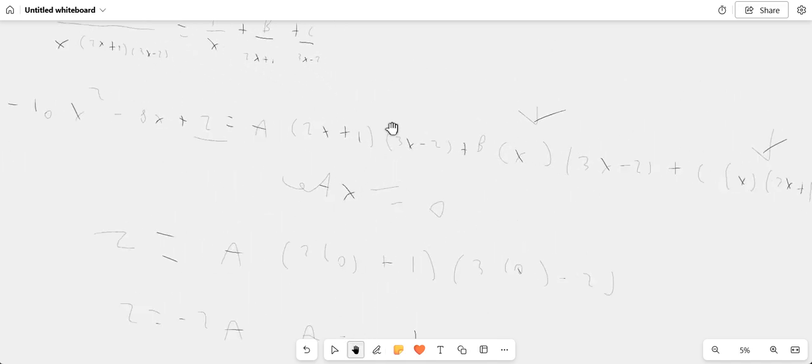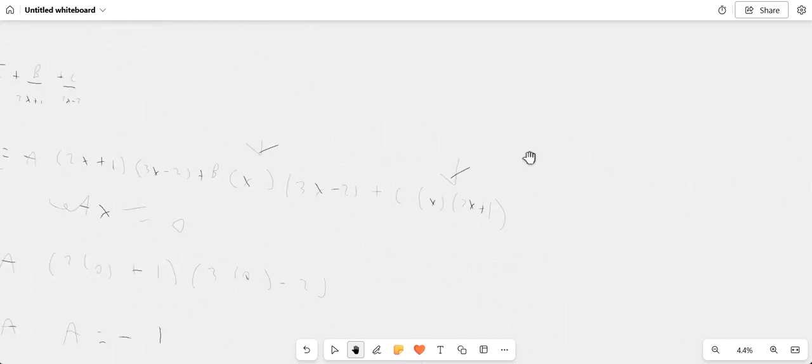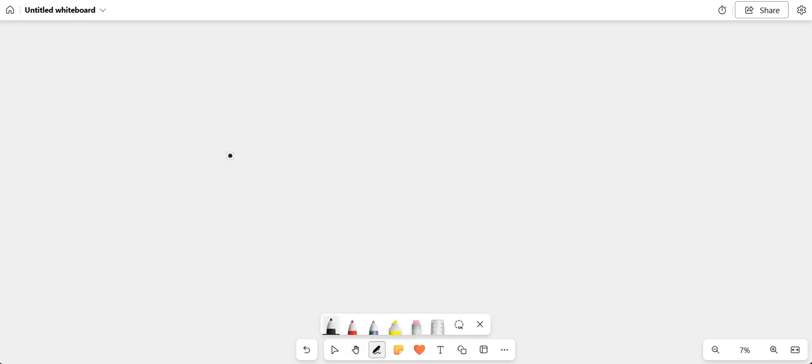Cool, fam. I want to eliminate the 2x plus 1 bracket, so let x equal minus 1 over 2. So that's the second plan of action. Minus 10 open bracket minus 1 over 2 squared, minus 8 open bracket minus 1 over 2, and then plus 2.